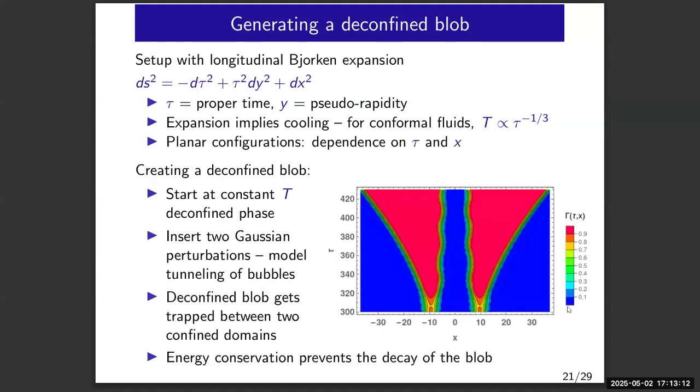And what we want to do is study these deconfined blobs. You can generate them from the start. You can start from a completely deconfined phase, and generate this deconfined blob by inserting 2 Gaussian perturbations in the initial state at some locations, which then give rise to tunneling of the system to a confined phase.